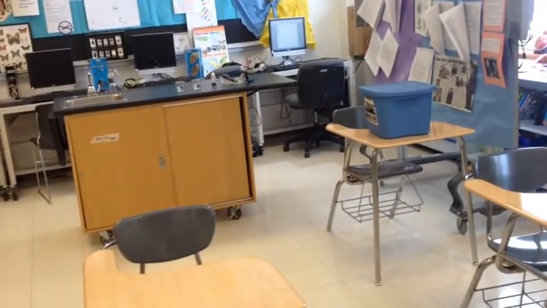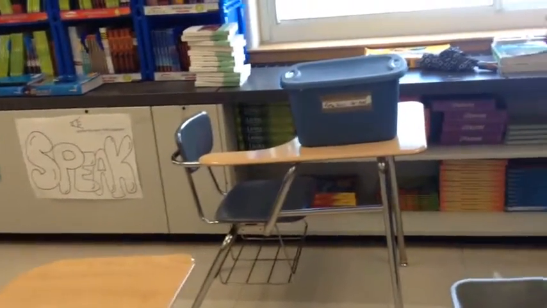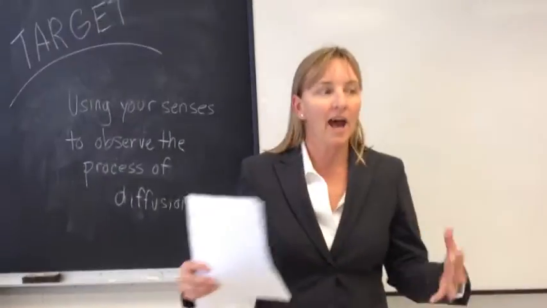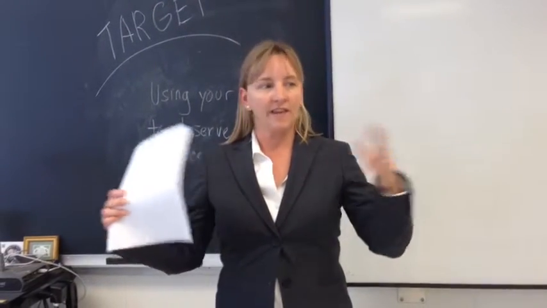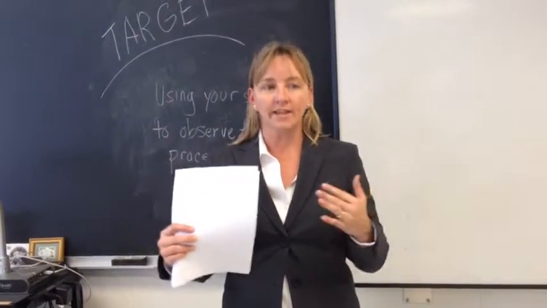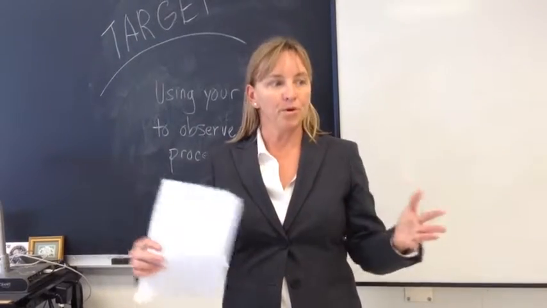They will record their observations and probably graph them later on. Afterwards, we'll discuss how diffusion is in the air around them, and that's why they smell the different portions of the lesson.